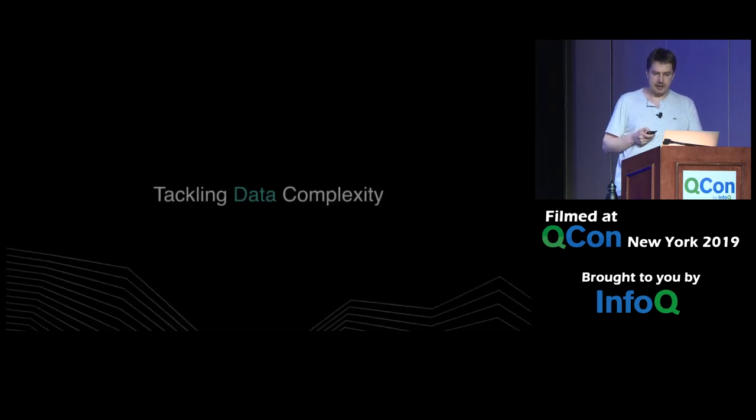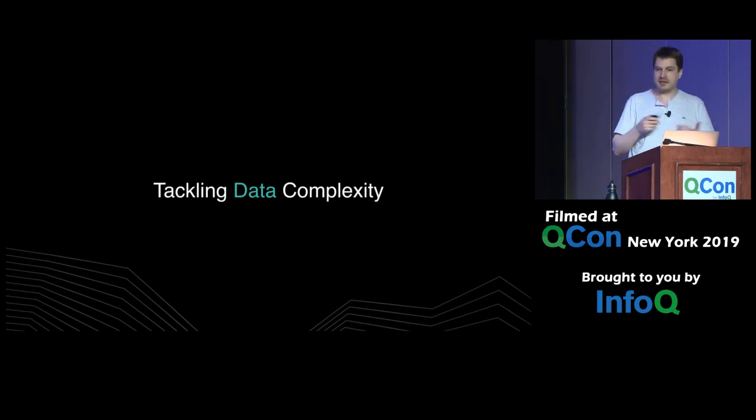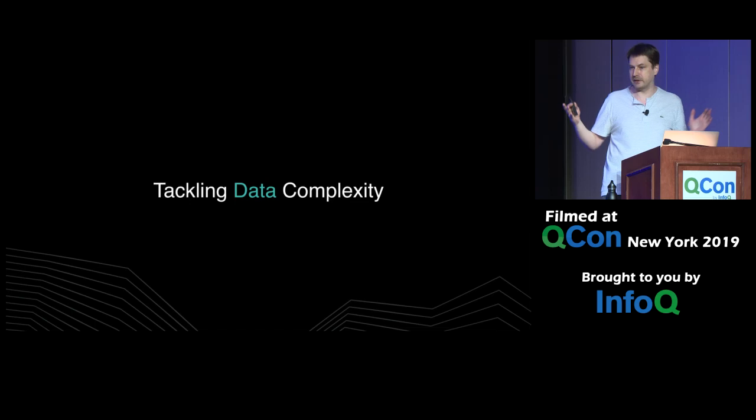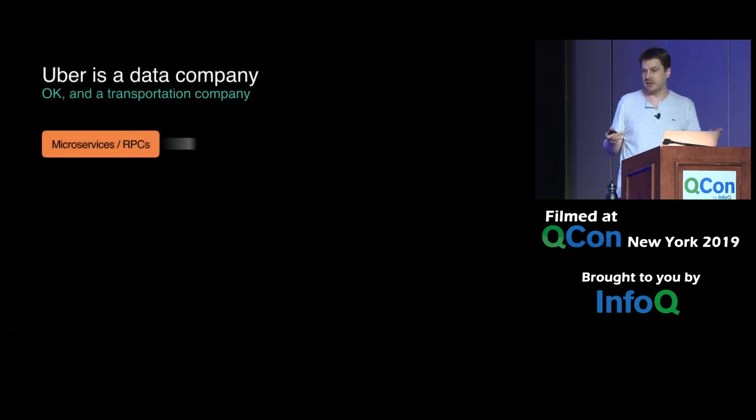And so my last section is that the complexity of microservices is not just about the communications of microservices. It's also about data complexity, because imagine how much data actually goes through that architecture, and tracking that data, and trying to understand where it goes, is also important. Uber obviously is a data company.